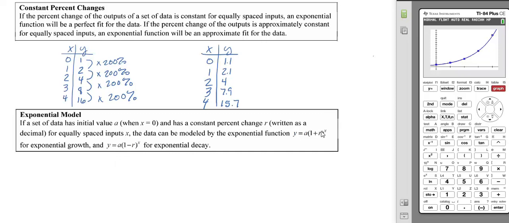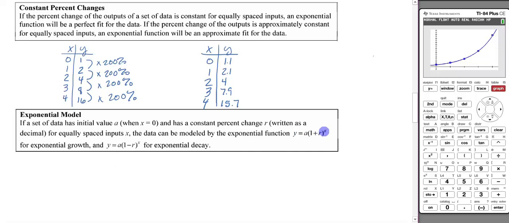All that does is that it makes this a number bigger than 1, and then with that exponent that is positive or 0, then your graph is going to increase exponentially. And with the decay model, 1 minus r is going to end up being a number between 0 and 1, and with the positive exponent, or x equals 0, you'll have an exponentially falling, a decay model such as that.